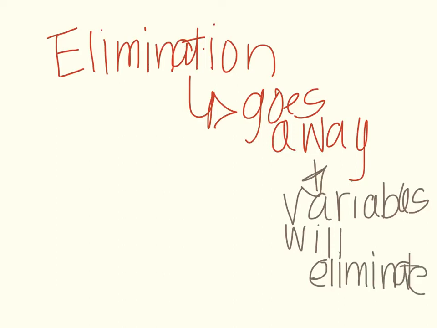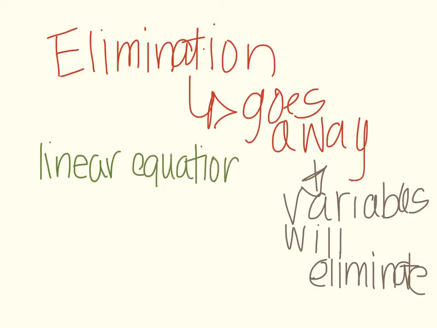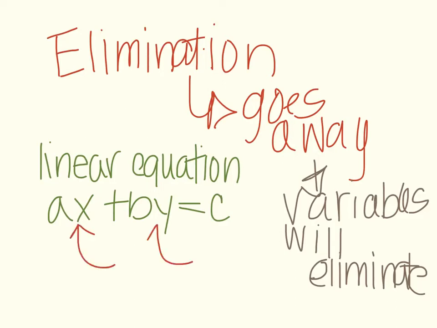We're only going to use elimination when our linear equations are in standard form, ax plus by equals c. If you remember from yesterday, in substitution, one of our variables had to be alone. Notice again in our linear equation, neither of our variables is alone. They're attached with something and they're on the same side of the equal sign. So let's go ahead and take a look at our first question.